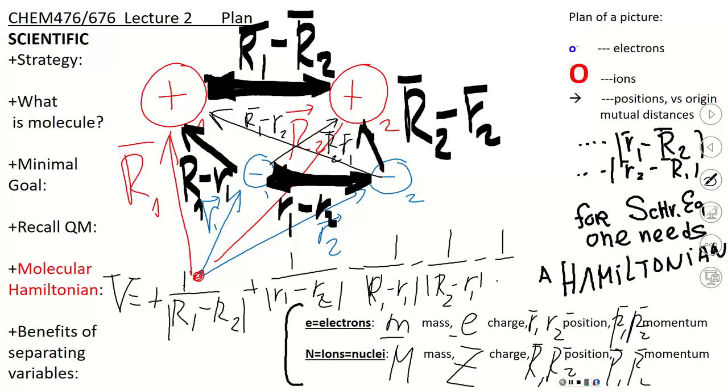Minus 1 over |R2 minus r2|, attraction to its personal host nucleus, and minus one more term, |R1 minus r2|. Like I'm walking with a dog, and the dog, instead of coming to me, goes to another person. Okay. It's attracted to the foreign side.